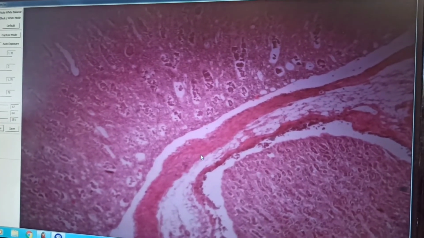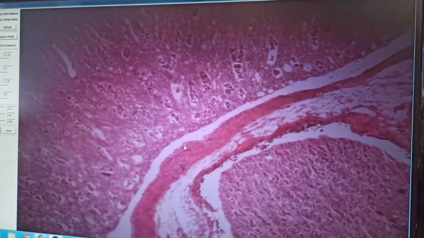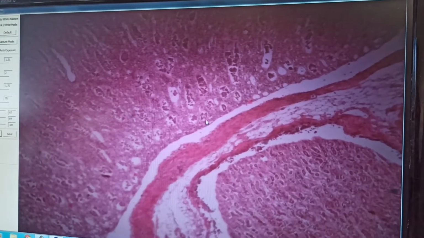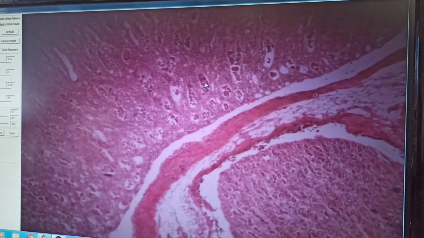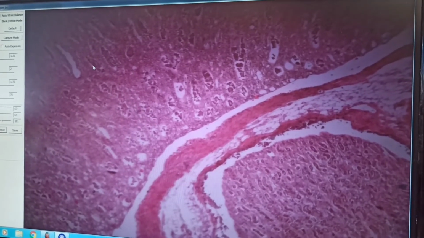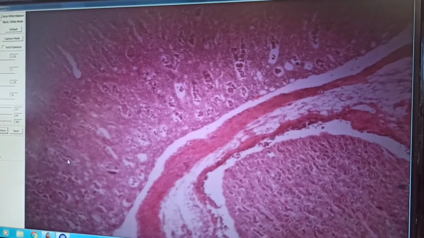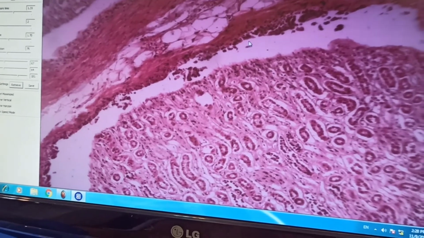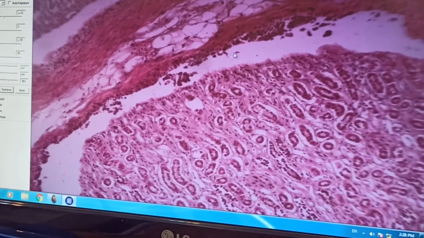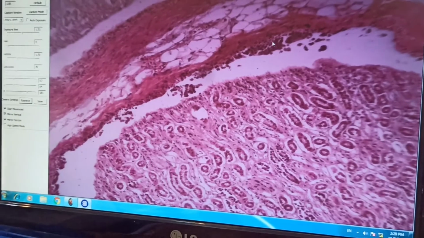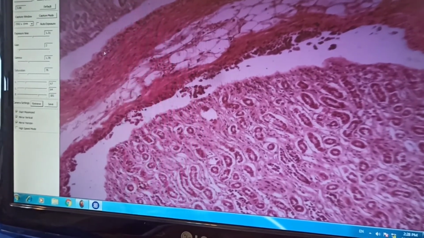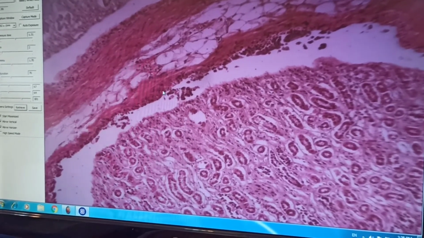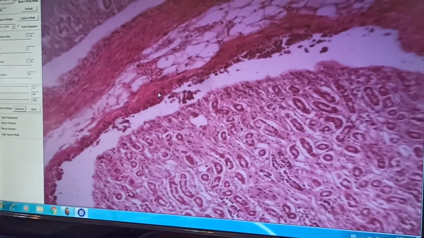So the connective tissue, urinary epithelium or urothelium, then we have the minor calyces and the tip of the renal pyramid. These ducts are the papillary ducts, or the end of the collecting duct. Minor calyces, this part, and the urothelium. Here also the urothelium, and the connective tissue under the urothelium or transitional epithelium.